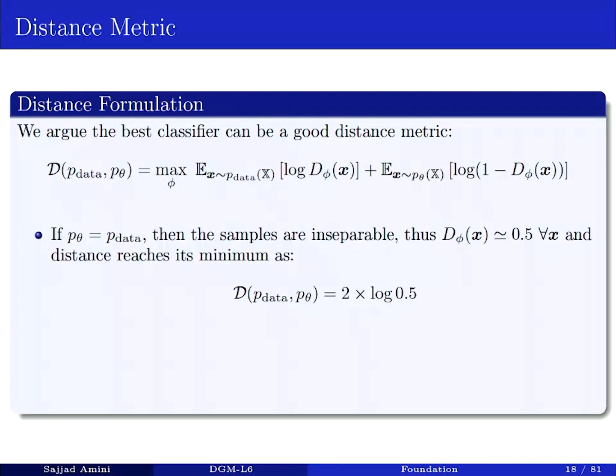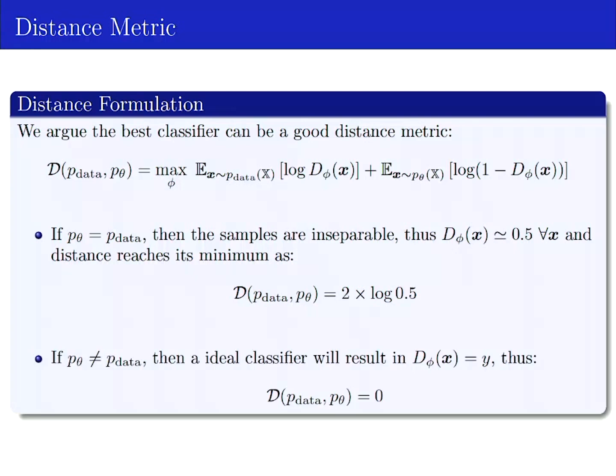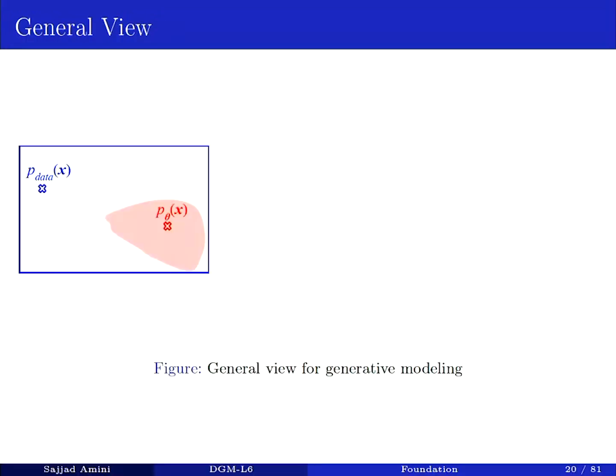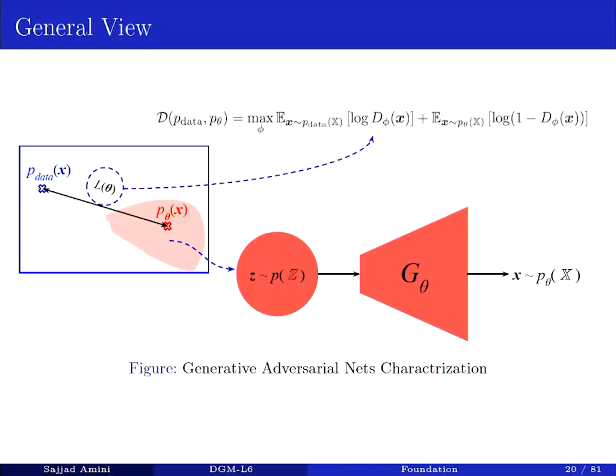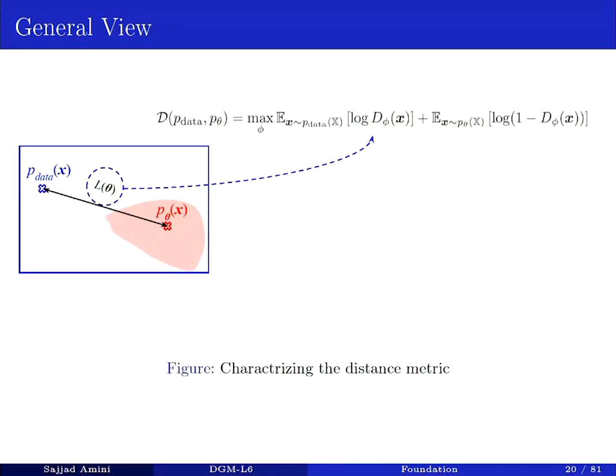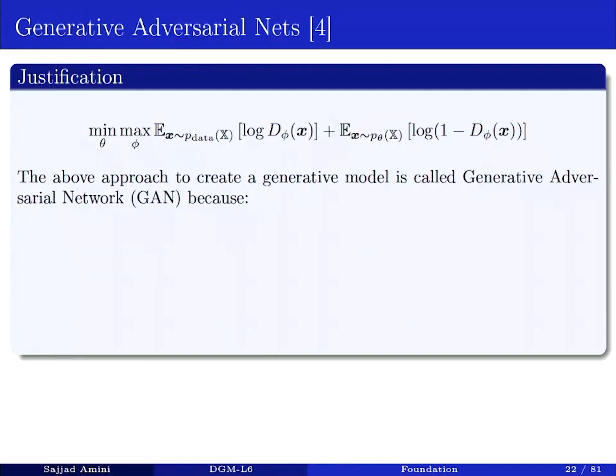Although it is a classification loss, it can be an indicator of the distance between distributions generating data, and it is 0 when there is no discrepancy between two distributions. So it can be considered a great option. Then we characterize the family and the distance metric, and then we come to this justification that I want to talk about more today because there are some problems with my presentation in the foundation part.